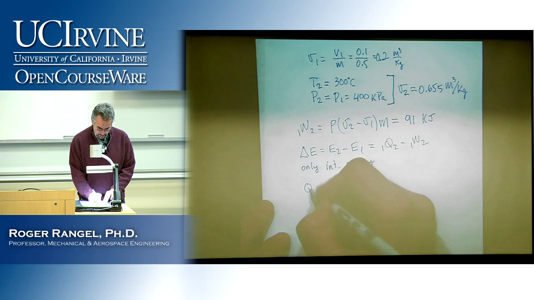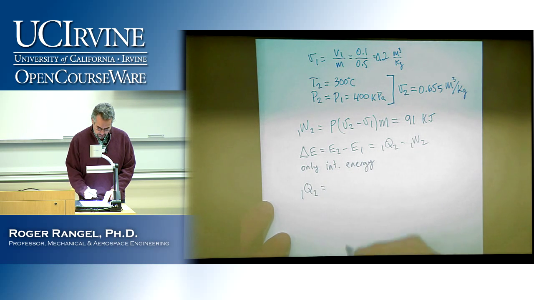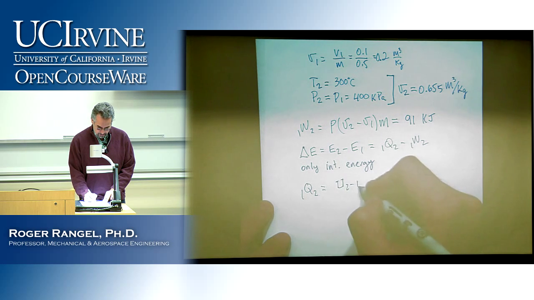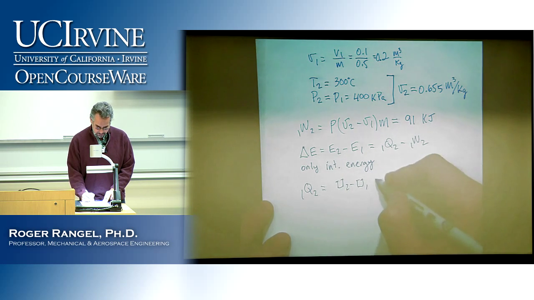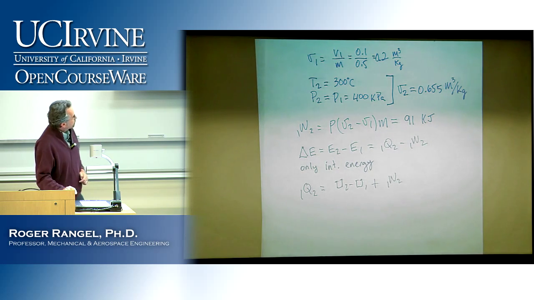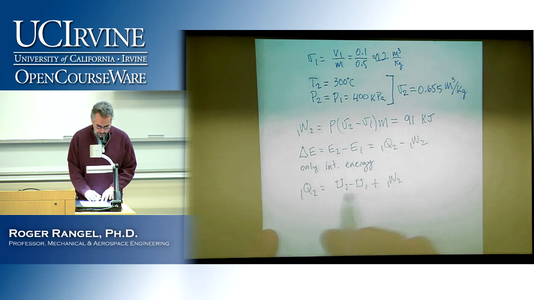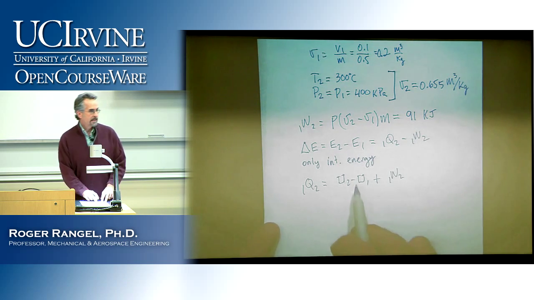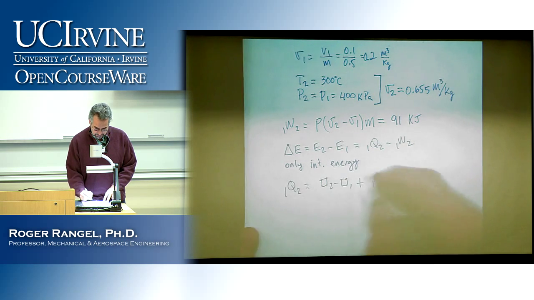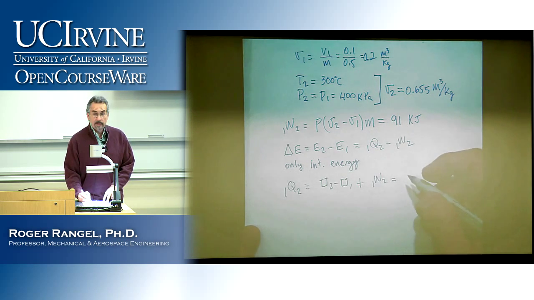So let's go ahead and solve for Q12. It will be delta U, so U2 minus U1, plus W12. So I already have W12. Of course, I'm not going to get any extensive properties in the table, so I have to write this in terms of the specific internal energy.